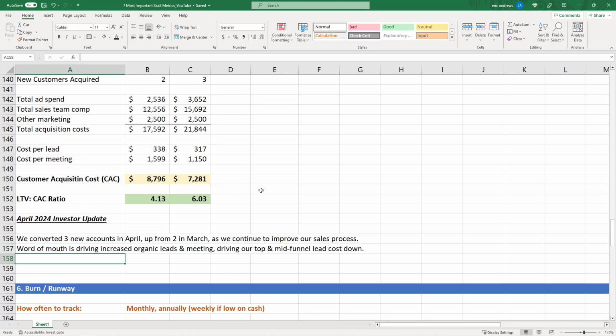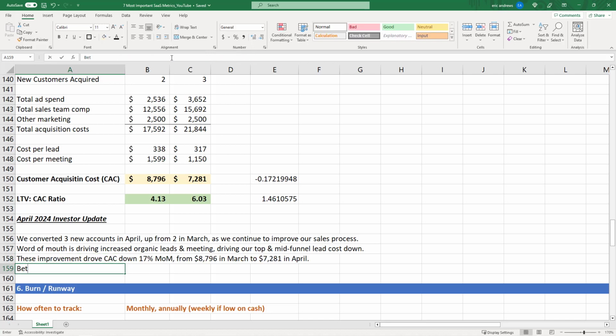Effectively, what you want to explain is if your CAC went down, why did it go down? If your LTV went up, why did it go up? So you need to explain that story. These improvements drove CAC down 17%, from 8,796 in March to 7,281 in April.